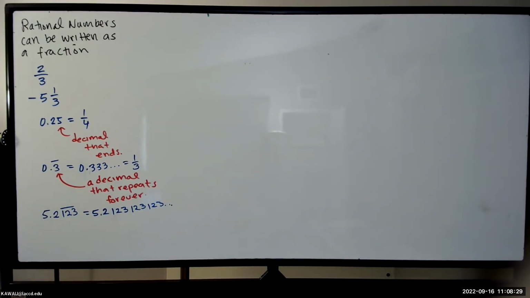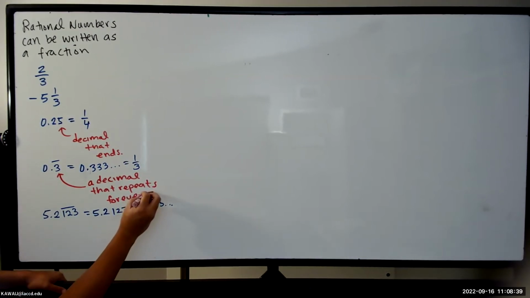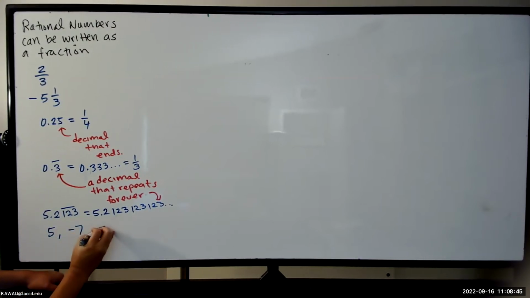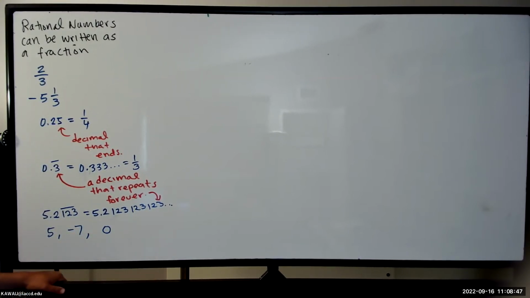It doesn't have to be just one number, but at some point it has to be repetitive, even though it goes on forever. Or just regular numbers, 5, -7, 0. All of those are rational. So let me let you copy that.